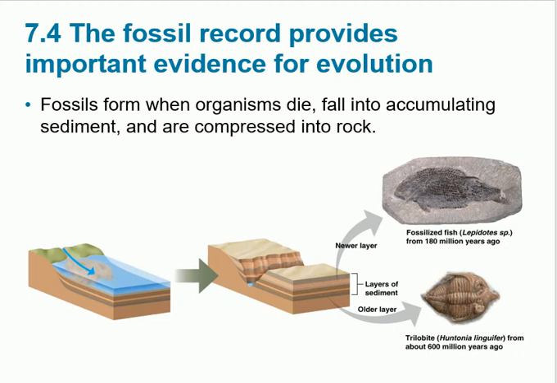Fossils. What are fossils? Fossils are basically organisms that died and fell into accumulating sediment, compressed into rocks. Some of them, few of them, okay? Like if we have hundreds of thousands or millions of those, some of them, somehow they ended up dying and surrounded by this sediment, and they ended up in the rock, and we opened it so we can find them.